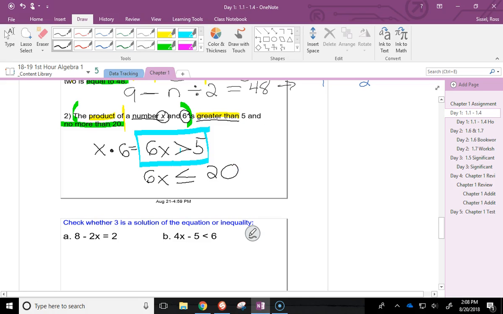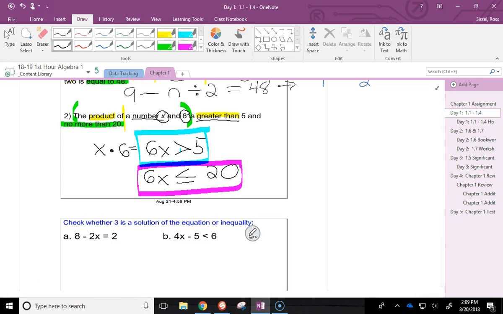Now all we have to do is put the two of these together. And the way we're going to do that is, my common thing is 6x. So 6x, and I see 6x is greater than 5.